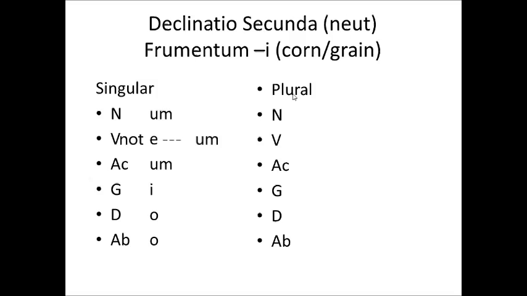When we go to the plural, this is where it's very, very different from the masculine, because our nominative plural, frumenta, our vocative plural, frumenta, and our accusative plural, frumenta. Genitive plural, frumentorum, dative plural, frumentis, ablative plural, frumentis.